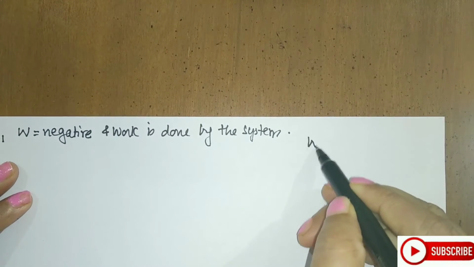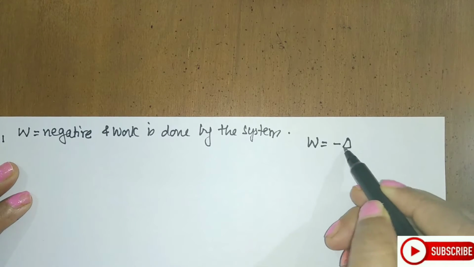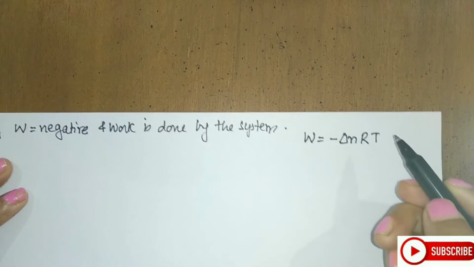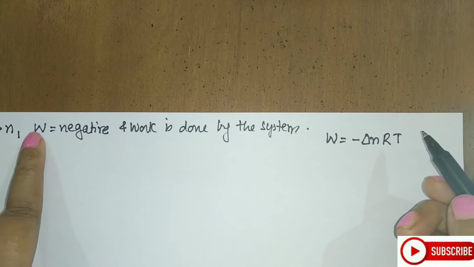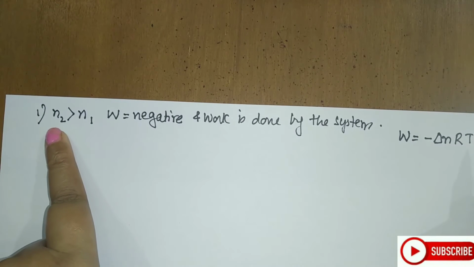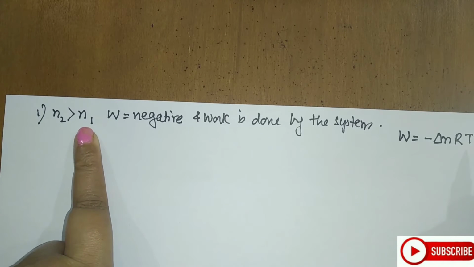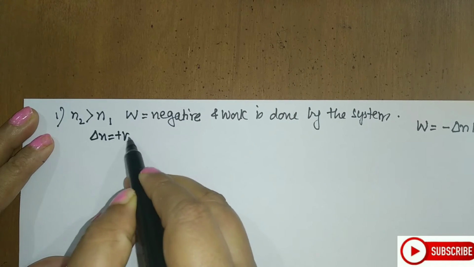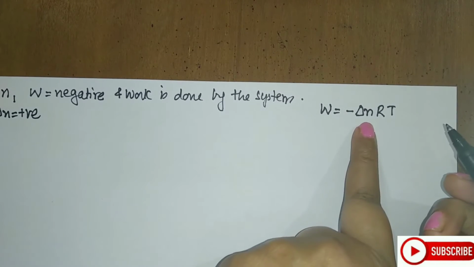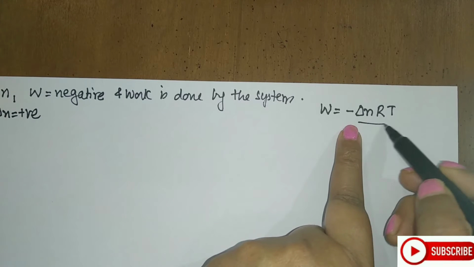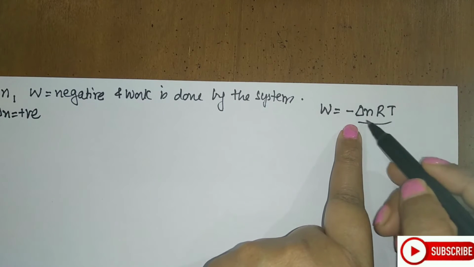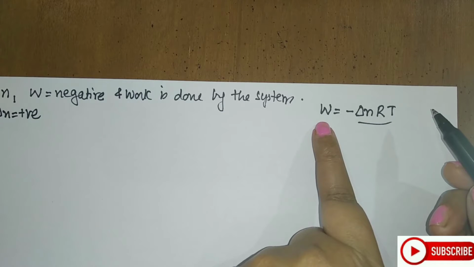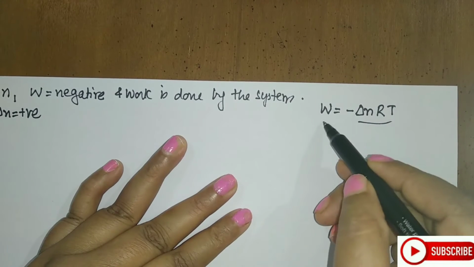You have the equation W is equal to minus delta N RT. Now, when I say that N2 is greater than N1, it means here delta N is positive. So if delta N is positive, this complete term will become positive, and this automatically will give you that W is negative.